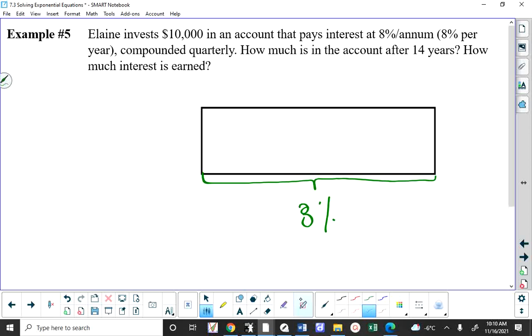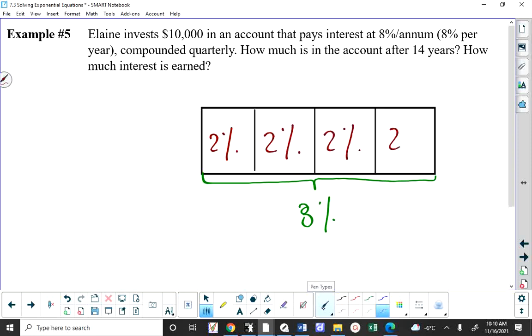She's not going to get 8% 4 times. She's going to get 2% here, 2% here, 2% here, 2% here.